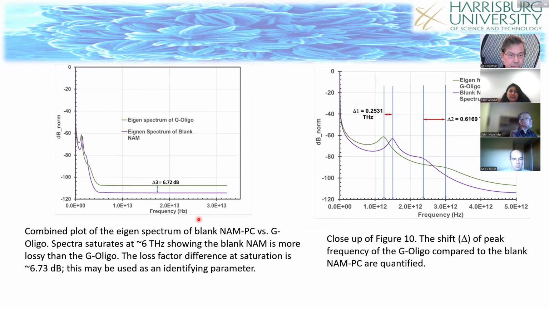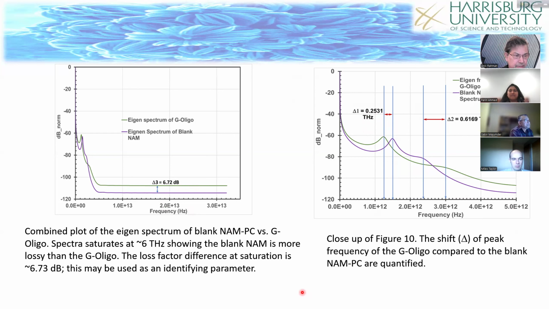And then we take the spectrum. When we take the spectrum, we do the eigenfrequency analysis, and we see these kinds of peaks. Compared to the blank, the oligo has made some change. So now we can define delta 1 and measure it. Not only delta 1, we can now measure delta 2, and the difference of the loss factors is delta 3.